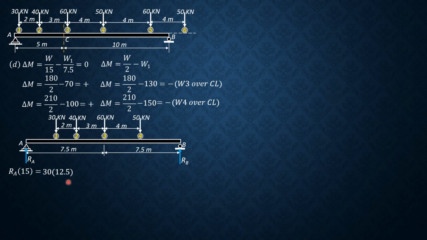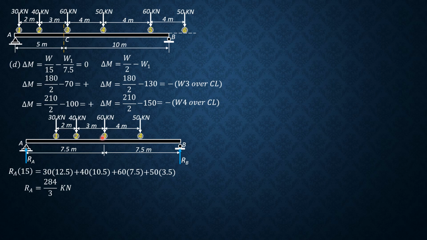So let's load that. 30 times 12.5, where 12.5 is 2 plus 3 plus 7.5, plus 40 times 10.5 plus 60 times 7.5 and plus 50, 7.5 minus 4 is 3.5, 50 times 3.5. So R sub A is equal to 284 over 3 kilonewtons.